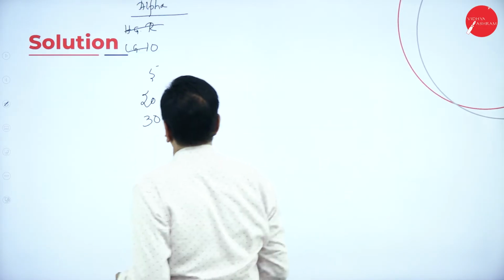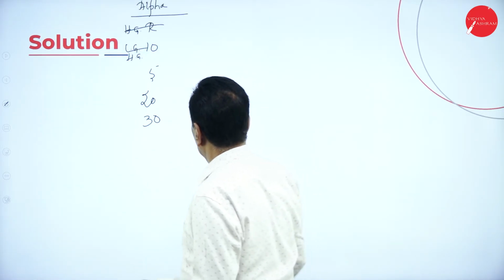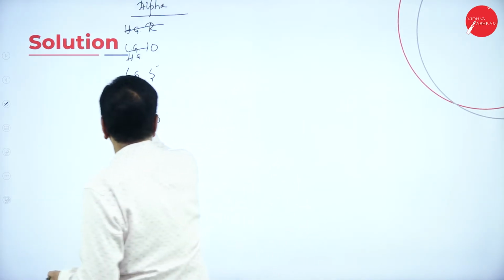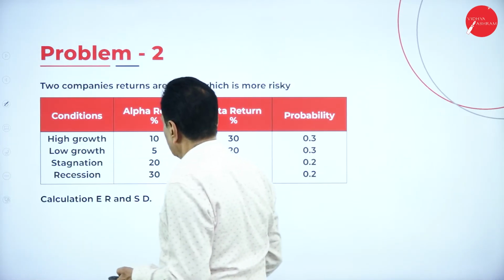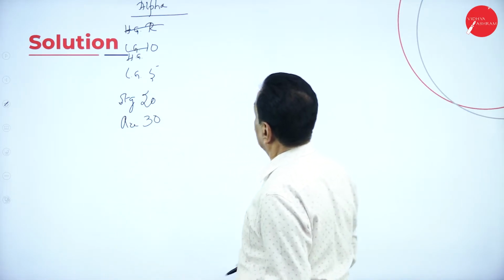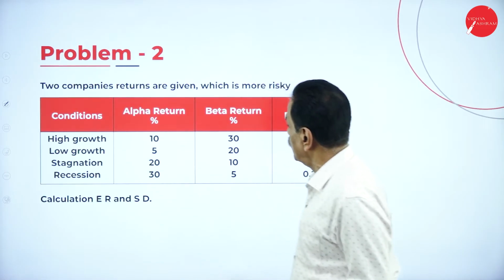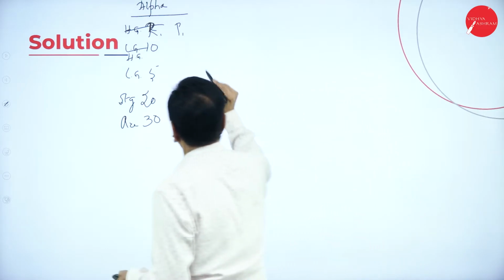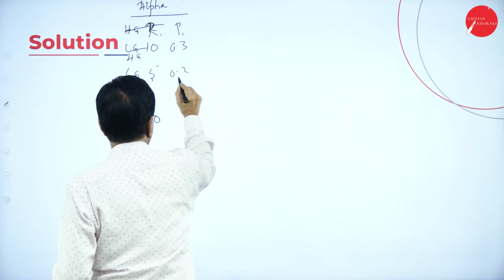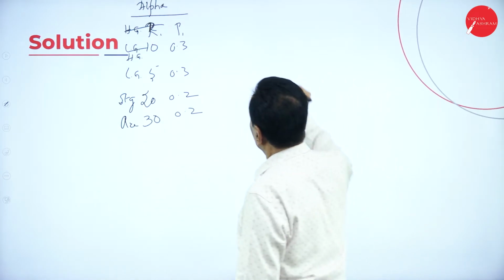This is high growth, low growth, then stagnation, then recession. This is your return. Then probability 0.3, 0.3, 0.3, 0.2, 0.2. See that they should be equal to 1. Then R1, P1.